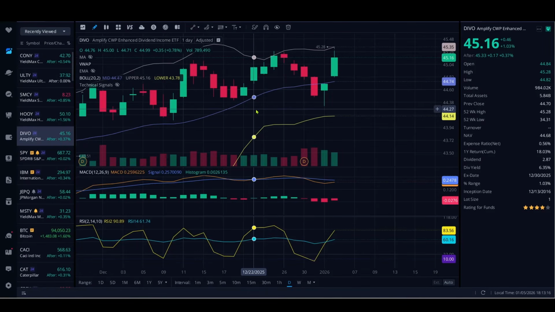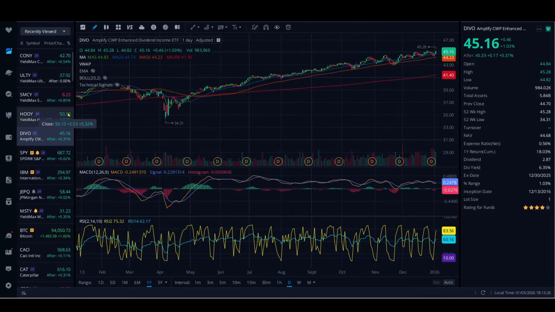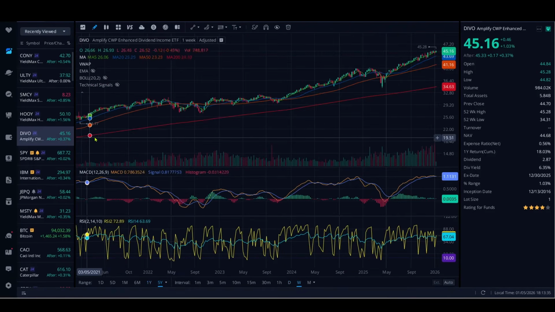Because here on DIVO, if I were to look at a 1-year chart and I turn on that moving average, I turn off the Bollinger Band, you can see it's just staying right above that 200-day moving average. And if I go to that 5-year chart, it stays right above that 200 MA there as well. So for me, that shows me that this wants to move up and to the right.